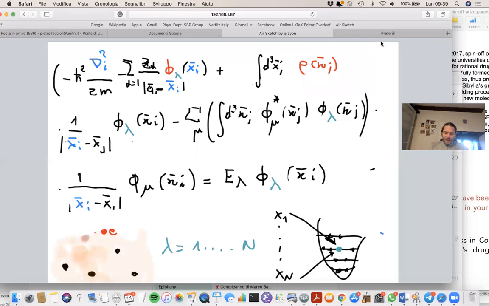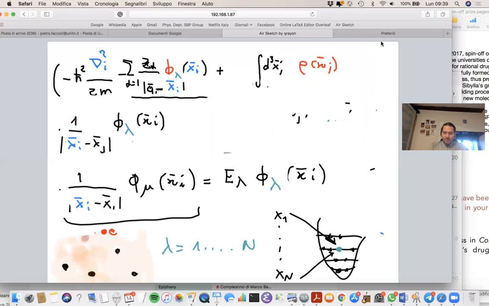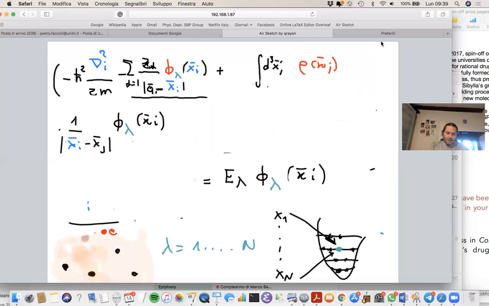I want to emphasize the difference between this and this term. Momentarily, let's not worry about this term. Pretend for a moment this term is not even there. Let's even erase it for the sake of clarity. We'll put it back in a moment.